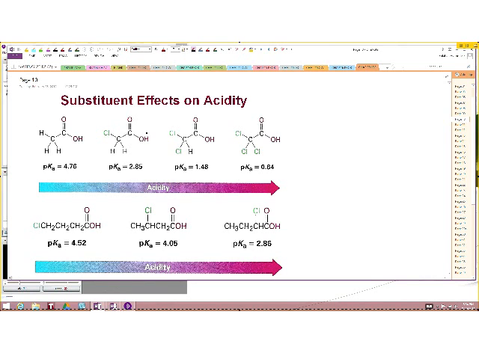There are two factors that will affect the acidity of an organic molecule.